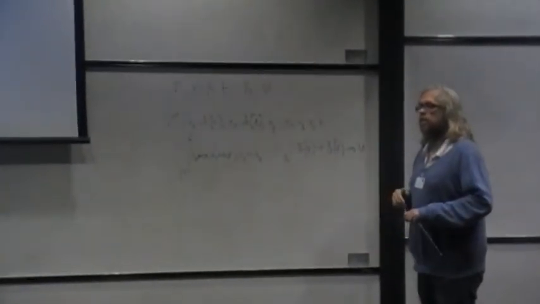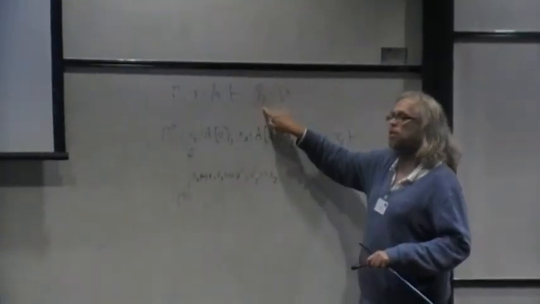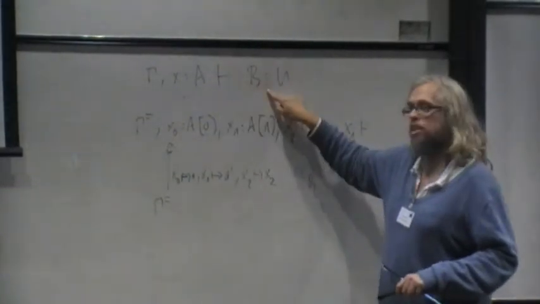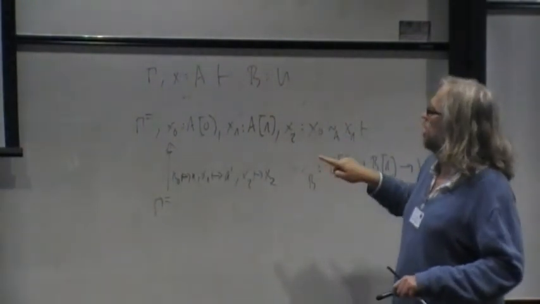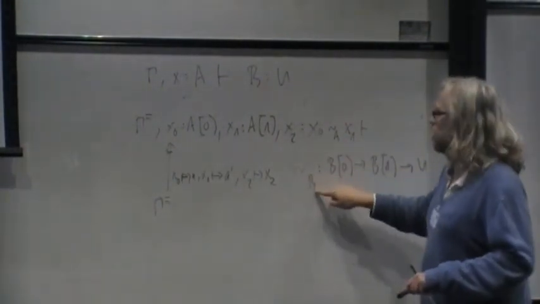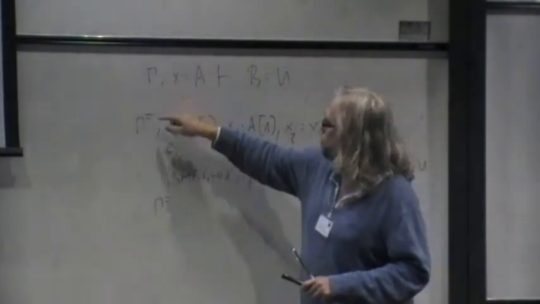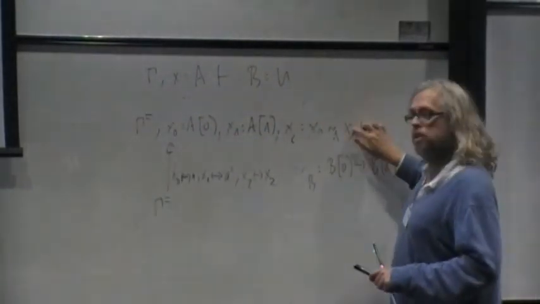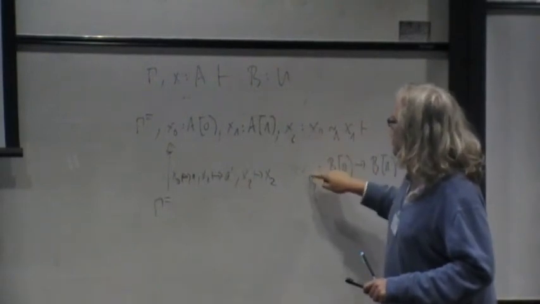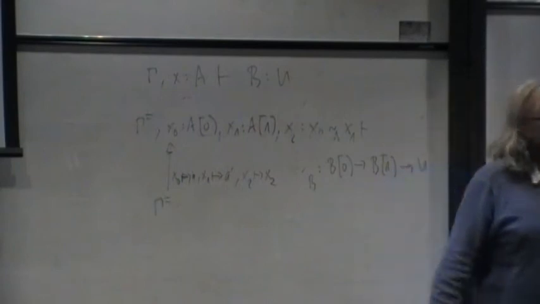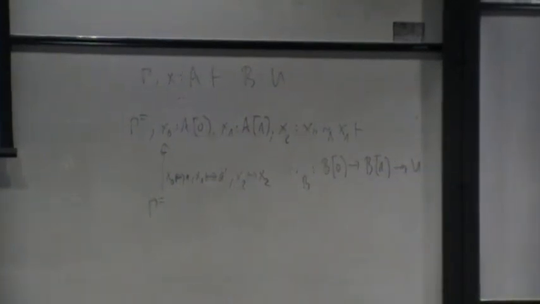What context is B living in? Here, B lives in the context gamma, x colon A. Okay? And now B tilde lives in the context gamma equal, a tripled. Why gamma equal here? Why not gamma?